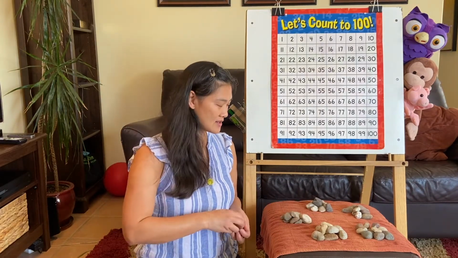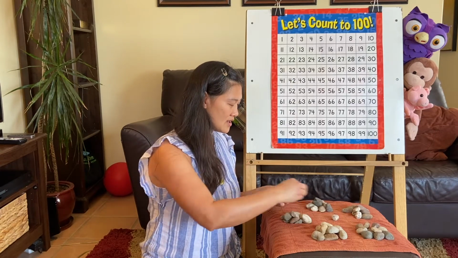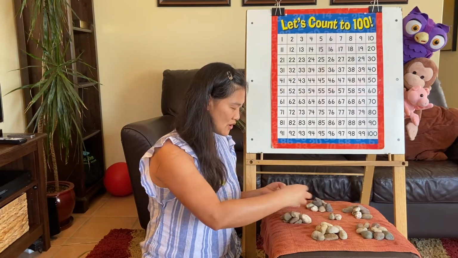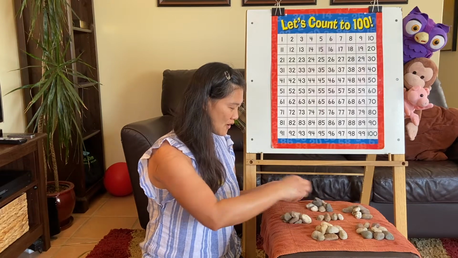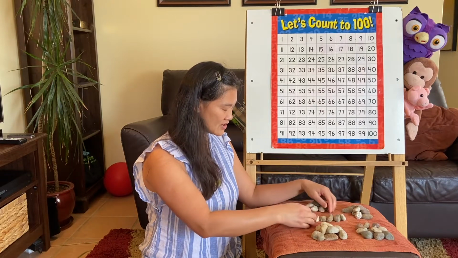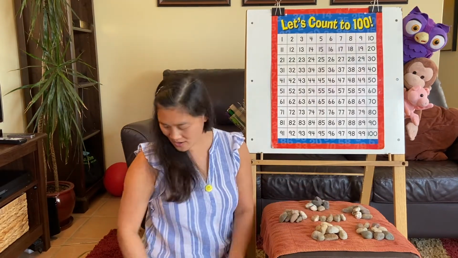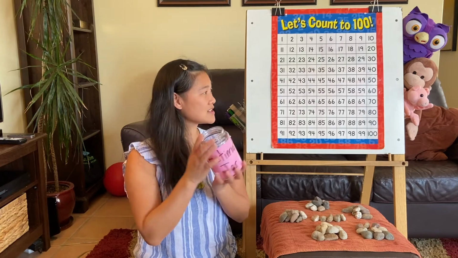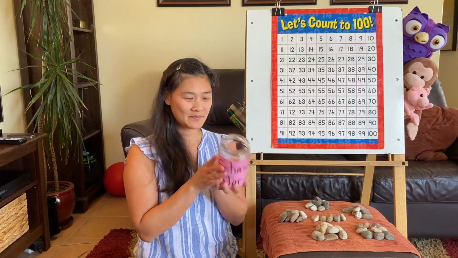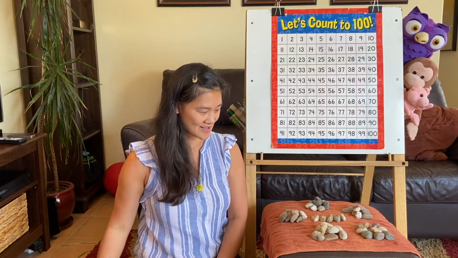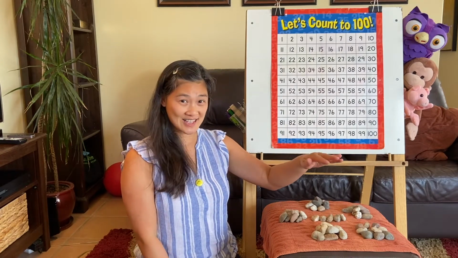Five groups of 10. And I have 1, 2, 3, 4, 5 left over. So how many rocks were we able to fit in our estimation jar? Yeah, let's count. Let's skip count by 10.